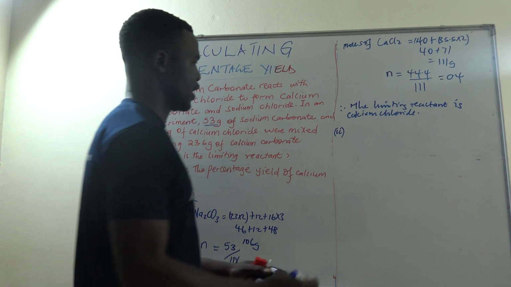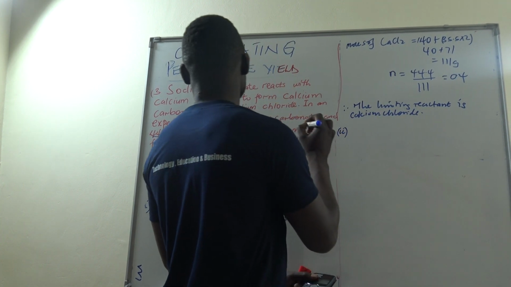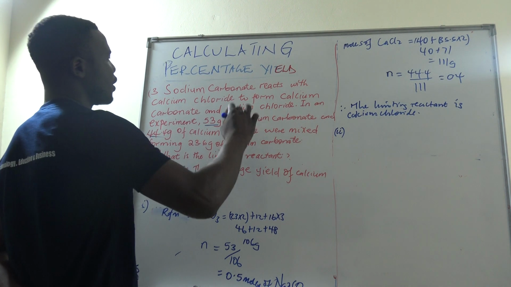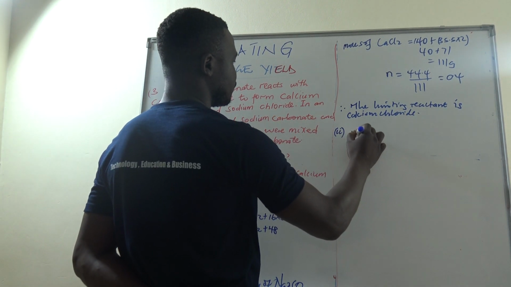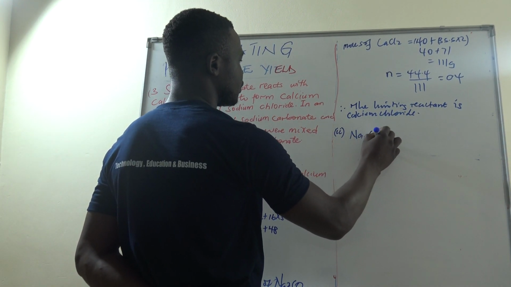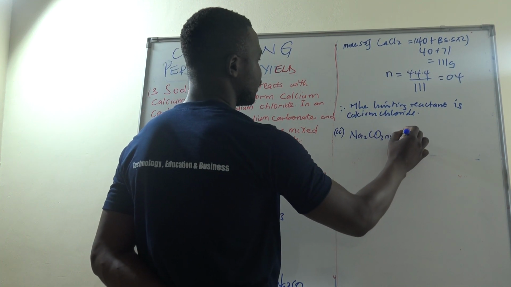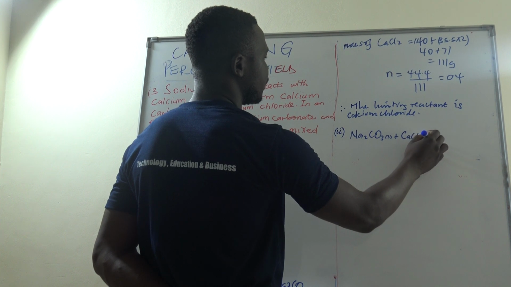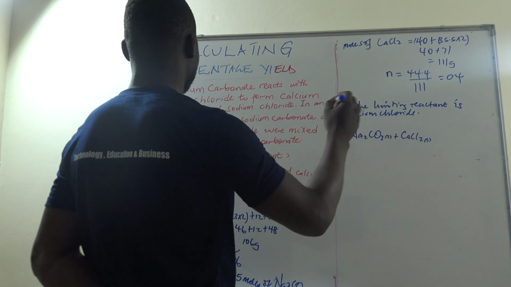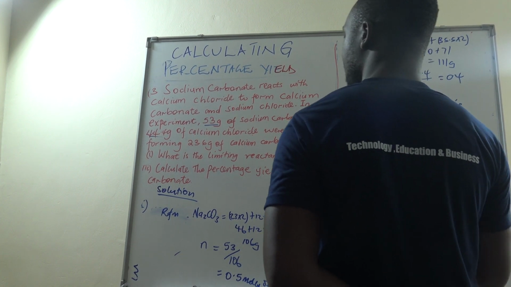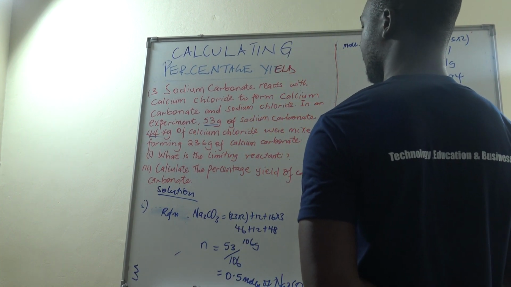Now, we said, having known the limiting reactant, we're supposed to write an equation. So our equation is sodium carbonate reacting with calcium chloride, and what does it form?